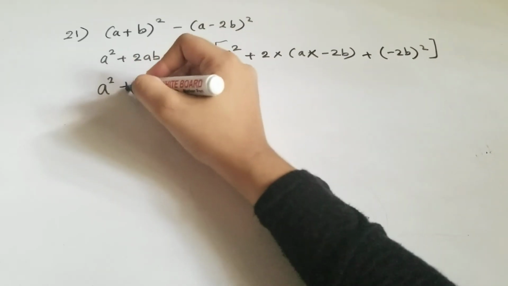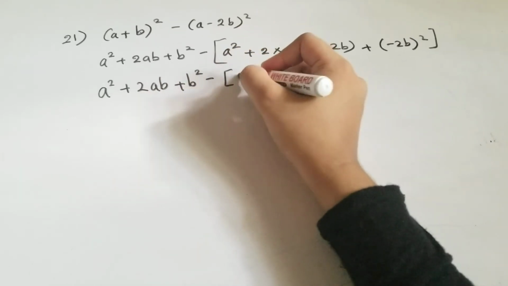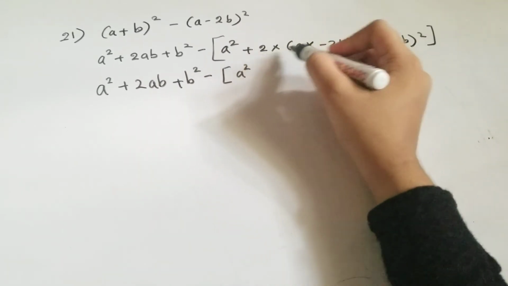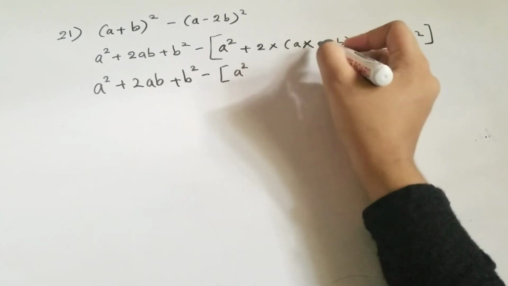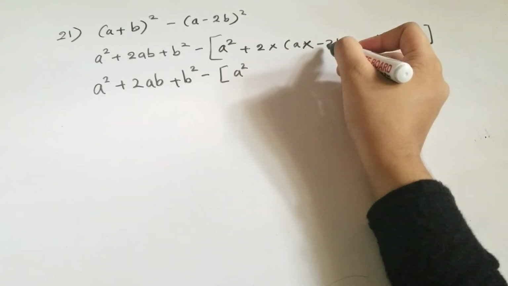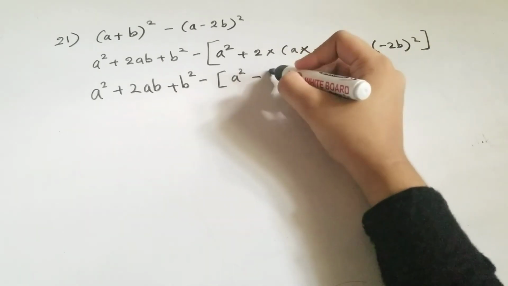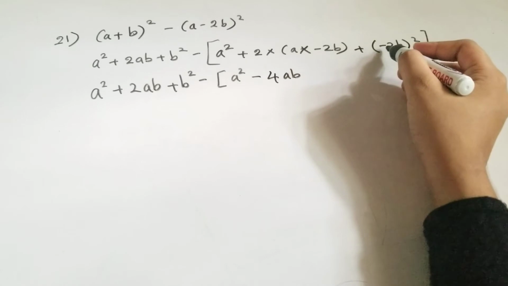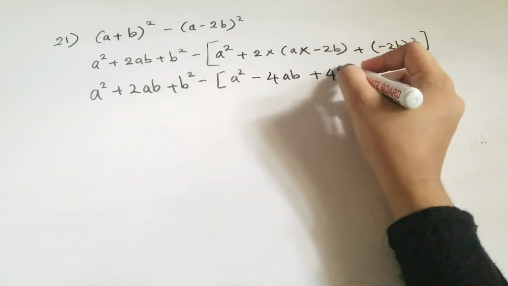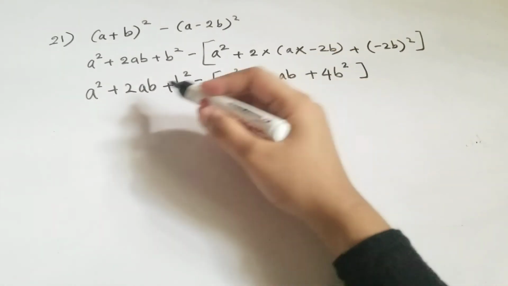So here you get a squared plus 2ab plus b squared, minus 2ab into positive 2. Negative 2ab into 2 means 4ab. Minus 4ab, minus 2 into minus 2 plus 4b squared. Is that clear? Now I have to solve this separately.